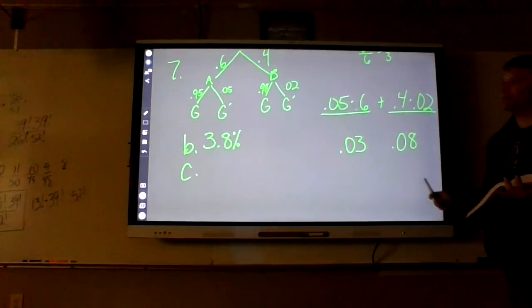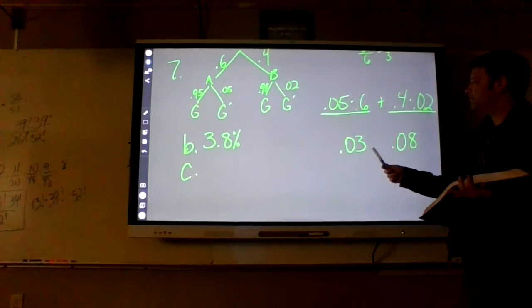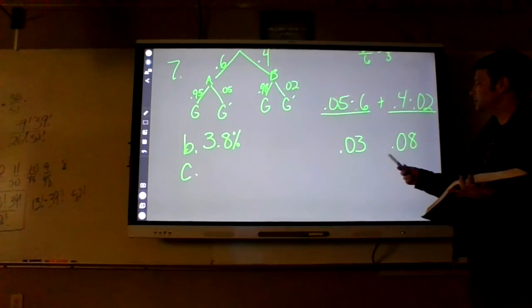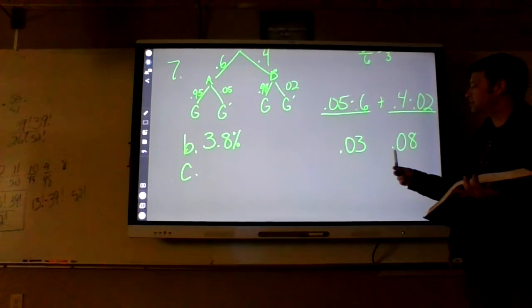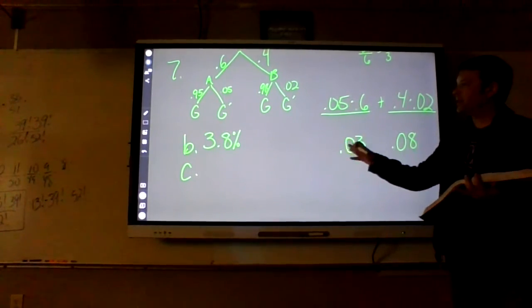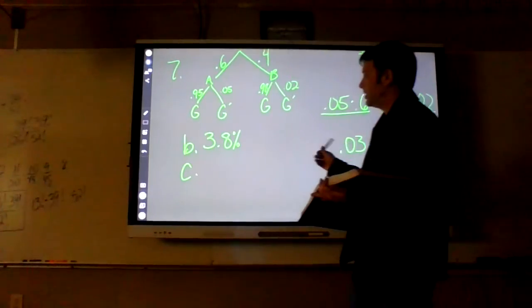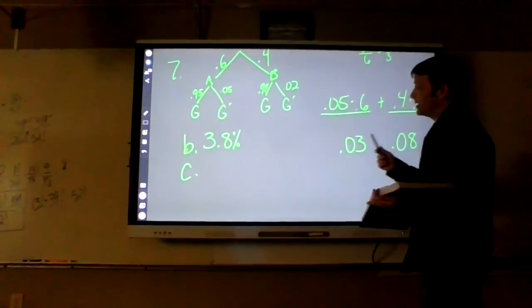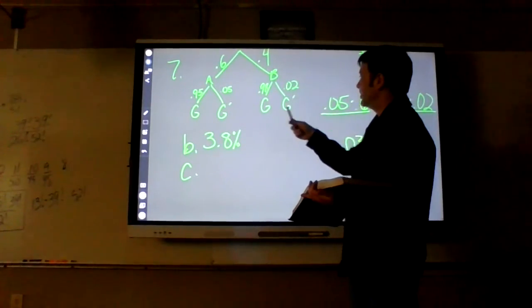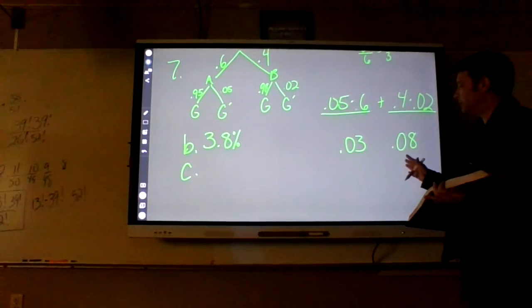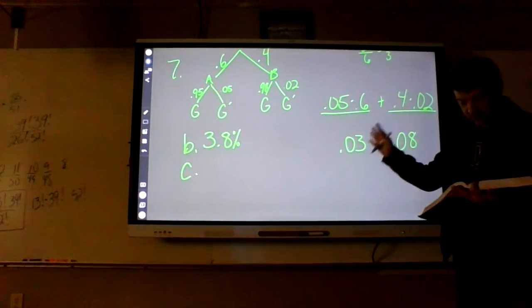Okay, so basically, adding them together would be 0.11. This means 3% of the time that you get a ball bearing, it'll be bad out of machine A, and then 0.8% of the time you get a ball bearing, it'll be bad out of machine B. So, given that we have a failed ball bearing, what's the odds that it comes out of machine A?